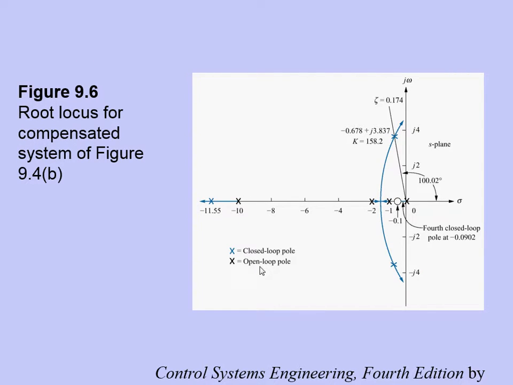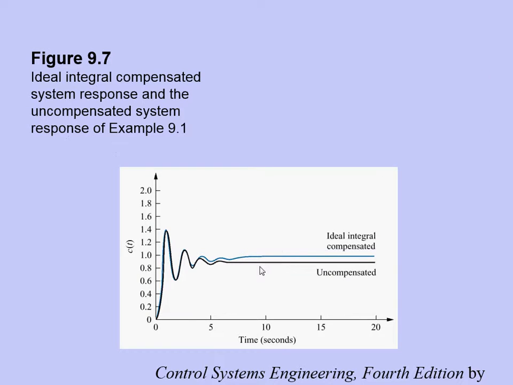But I think it would be best if we actually do it. The one response would be the uncompensated system, and the blue would be the compensated system. So you change the behavior of the system by doing this.